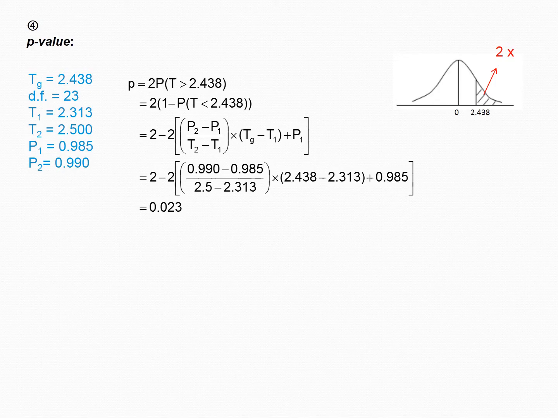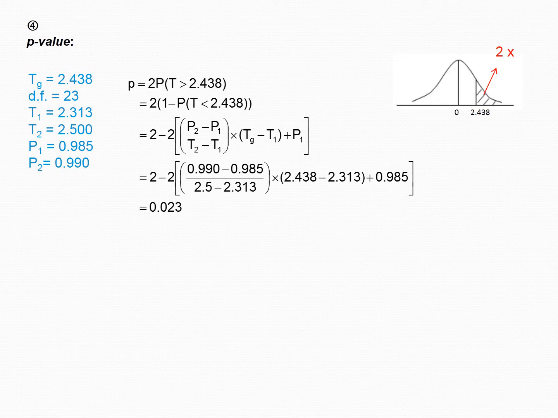But since we only have a positive t-table, we can write that as 2 times the probability that t is greater than 2.438, since this area and the area to the left of a negative t value will be the same as the area under the curve is symmetrical.